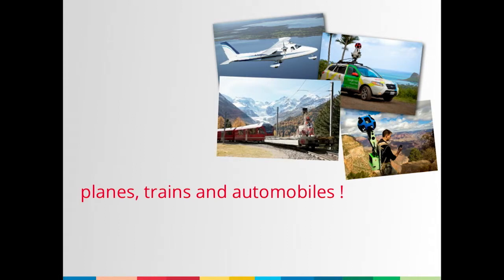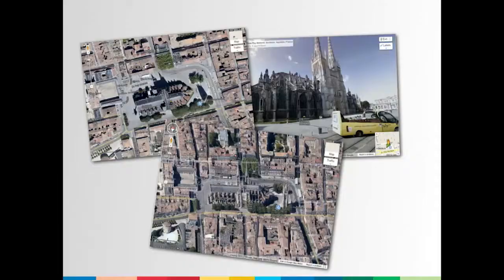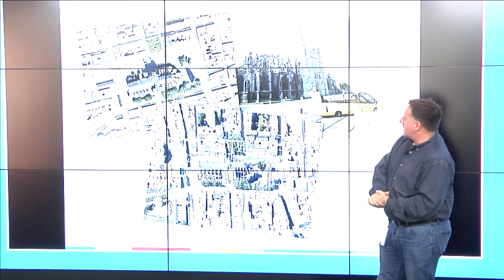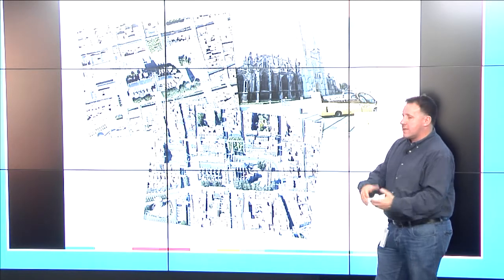But we spent a lot of time gathering images at those different scales. So we have aerial photography that comes from satellite images. We have this oblique imagery now, which gives you the sort of view as if you were looking out of an aeroplane. So it's kind of looking down at an angle. And then the Street View imagery that in many ways our users find the most valuable because it's the least abstract.